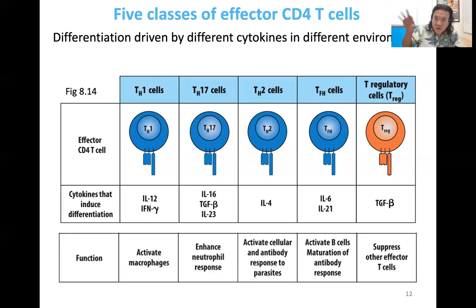So in order to coordinate the right type of response of all the different immune cells, you have to have the right type of CD4 helper cell. Right? So there are 5 classes of CD4 helper T cells that an activated CD4 T cell can become, depending upon the circumstances.